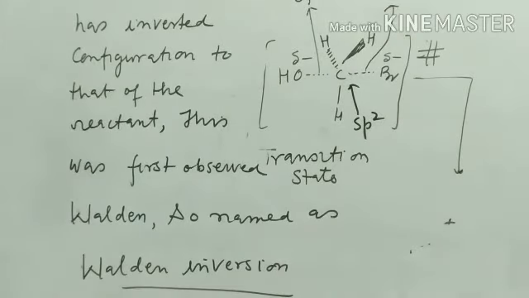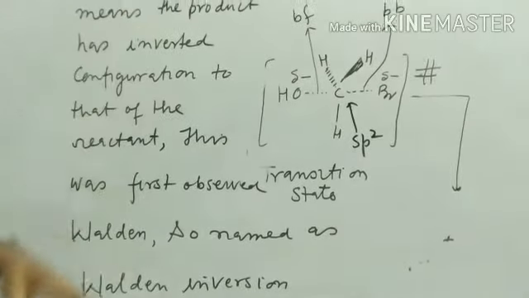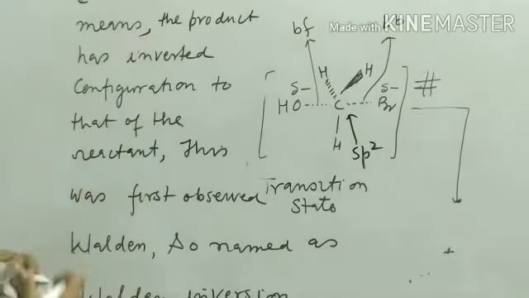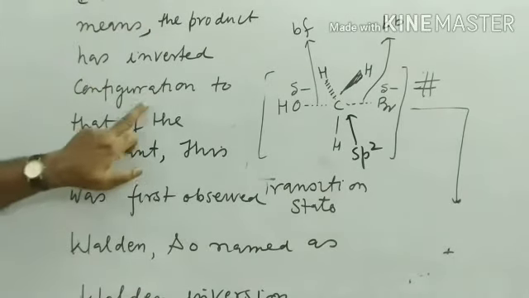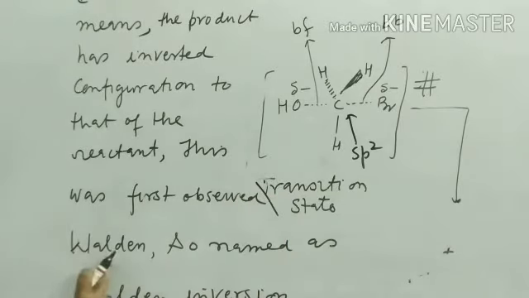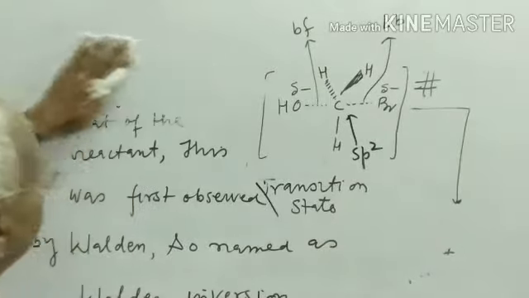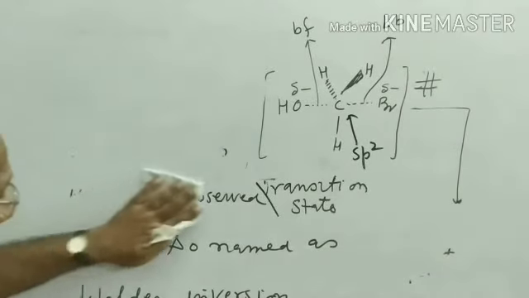So, what is the stereochemistry of the SN2 reaction? Again, inverted product means the product has inverted configuration to that of the reactant. This was first observed by Walden, so named Walden inversion.